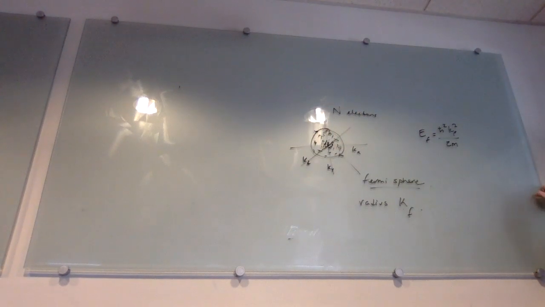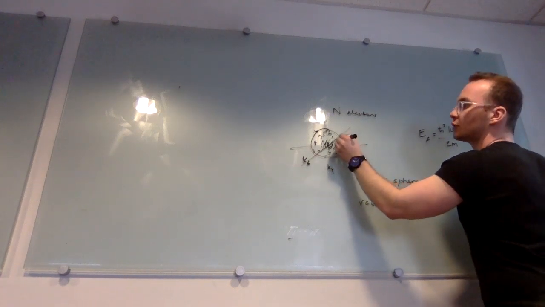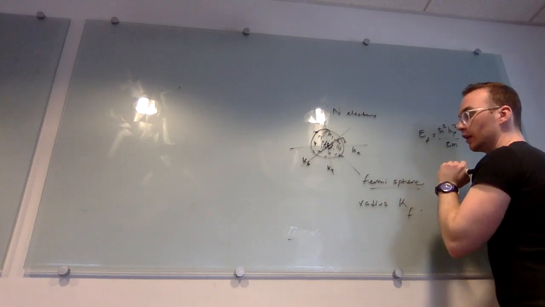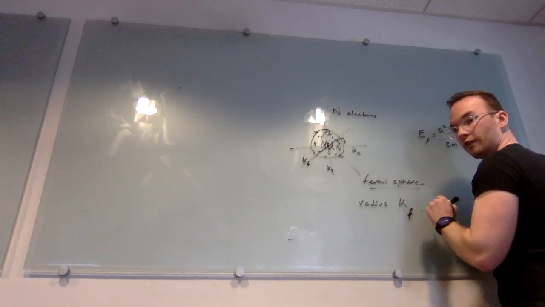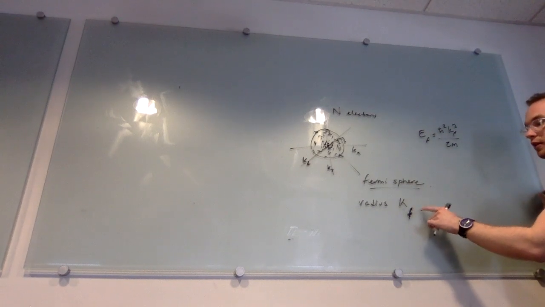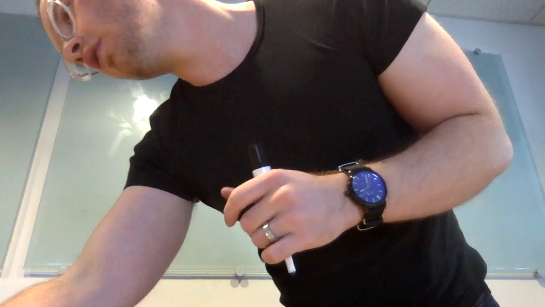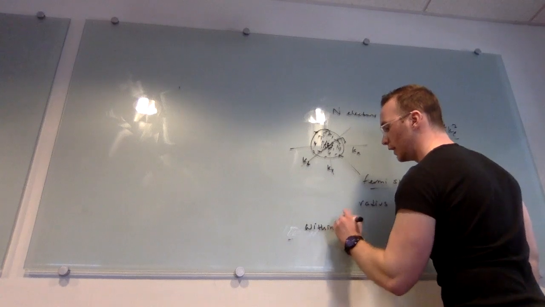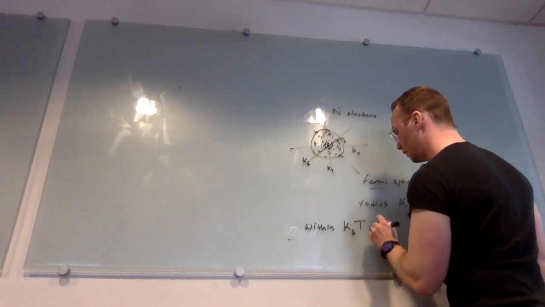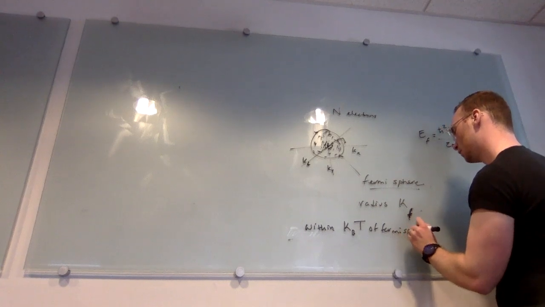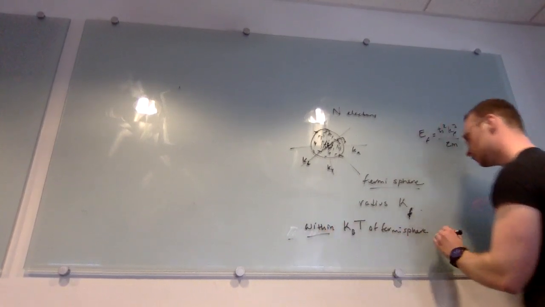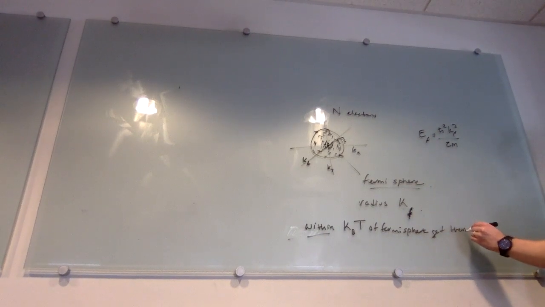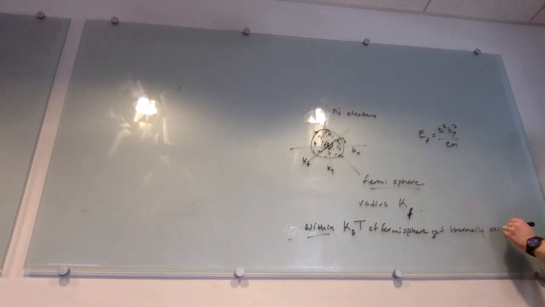So the question is about how only electrons within a certain range of the edge of the Fermi sphere, a certain range of energies, a certain range of k's, and I think they say it's within kT of the Fermi sphere, get thermally excited.